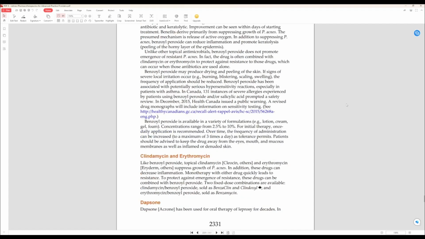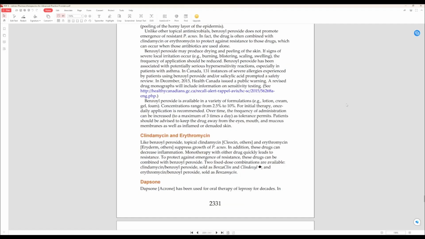To protect against emergence of resistance, these drugs can be combined with benzoyl peroxide. There are currently 2 fixed-dose combinations available: clindamycin benzoyl peroxide, sold as Benzaclin or known as Clindoxil, and erythromycin benzoyl peroxide, sold as Benzamycin.